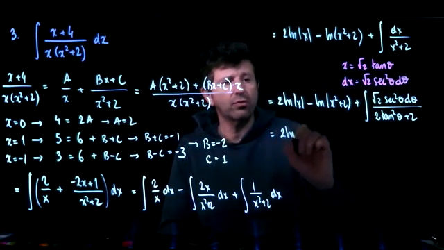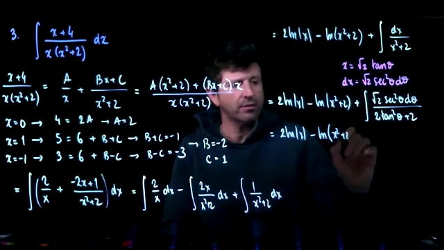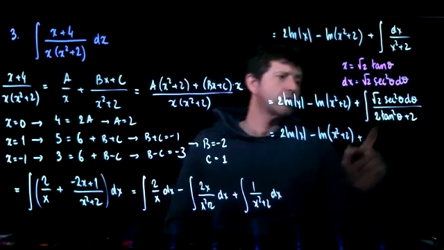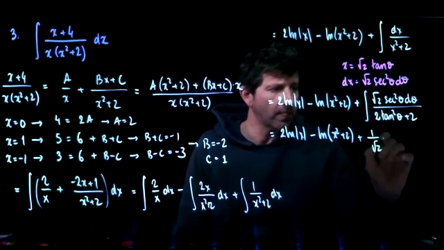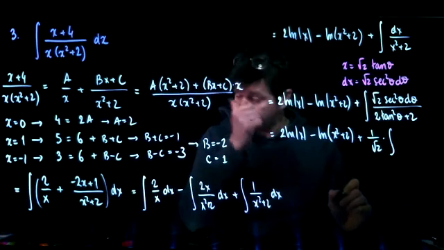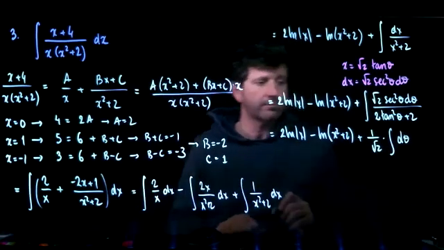So I'm going to pull out a 2, so it's going to be 1 over root 2 times the integral of secant squared over secant squared, which is 1, d theta.